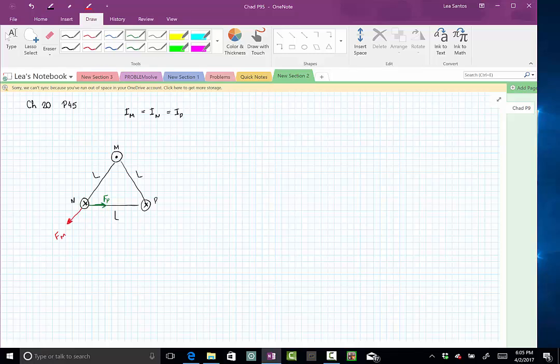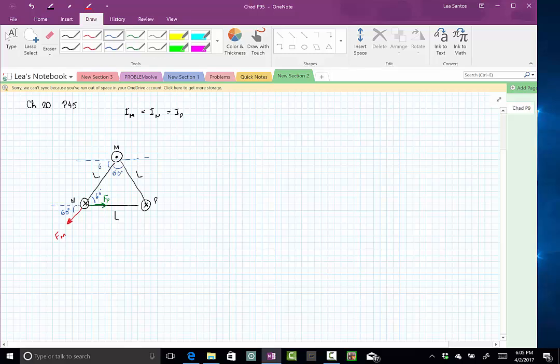Another piece of information that is important: since this triangle has all sides equal, I know that this angle here is 60 degrees, and therefore this angle here is also 60 degrees. So this will be useful for later. What else do we have? Well, if we go to the top, to this wire M here, we know that this one is 60 degrees.